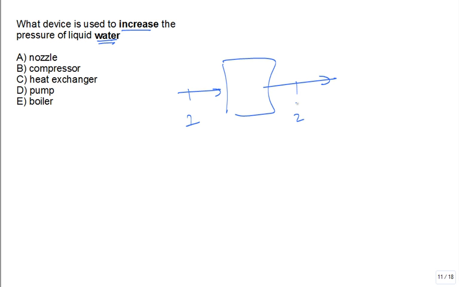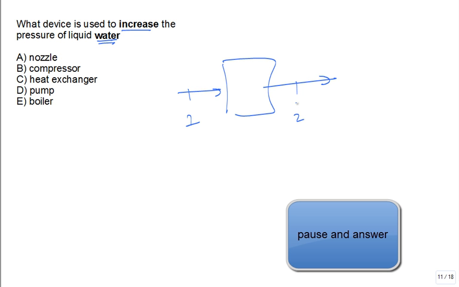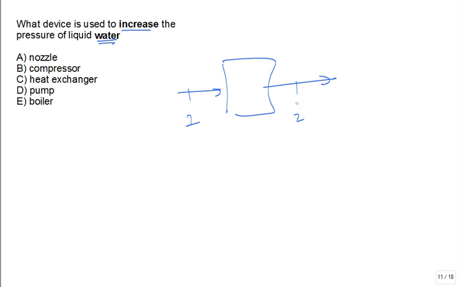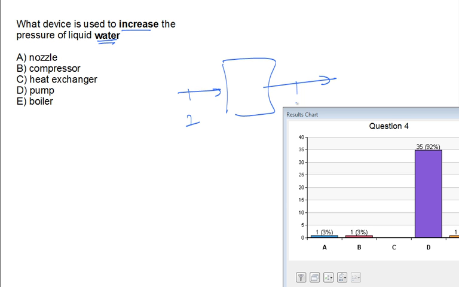What is the name of the device that is typically used to boost the pressure of liquid water? Ready to stop? Here it goes. This is the easiest one. That was very close. It's a pump.